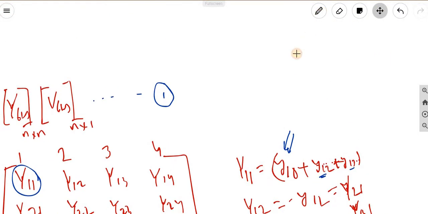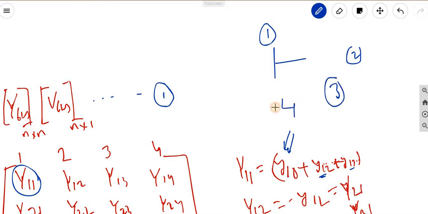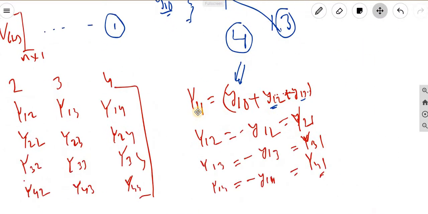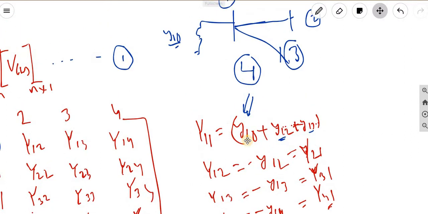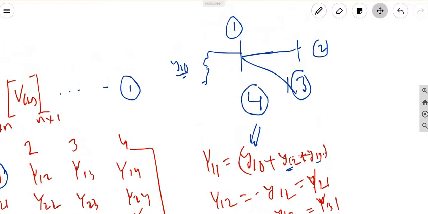For an example, suppose bus number 1, bus number 2, bus number 3, bus number 4. Suppose bus number 1 is connected to bus number 2 and bus number 3, but there is one element, that is Y10. So Y11 would be the Y10 plus the admittance value of Y12 plus the admittance value of Y13.